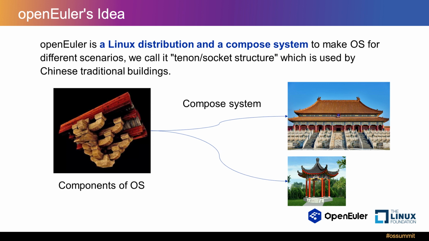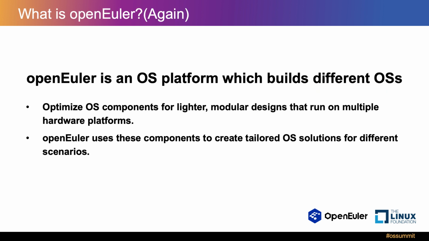We have already built some OS releases with these ideas and tools, and they already have very large-scale deployments. Zhongjun will also give some details about the building tools called Euler Maker in the next part. So with all the information I have just provided, we might have a new understanding about what is openEuler.